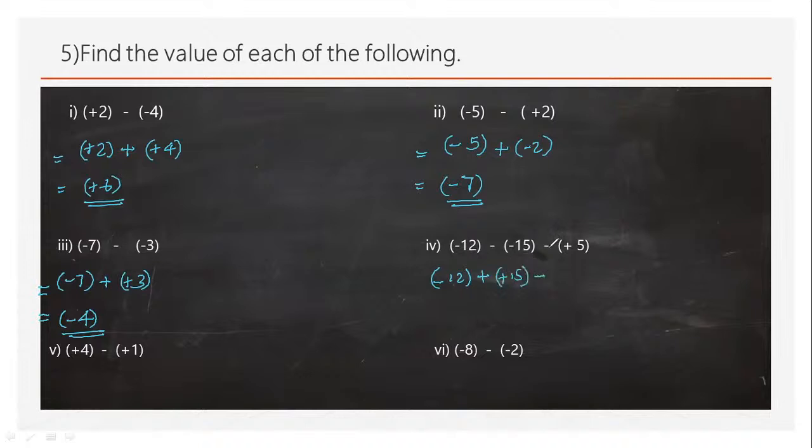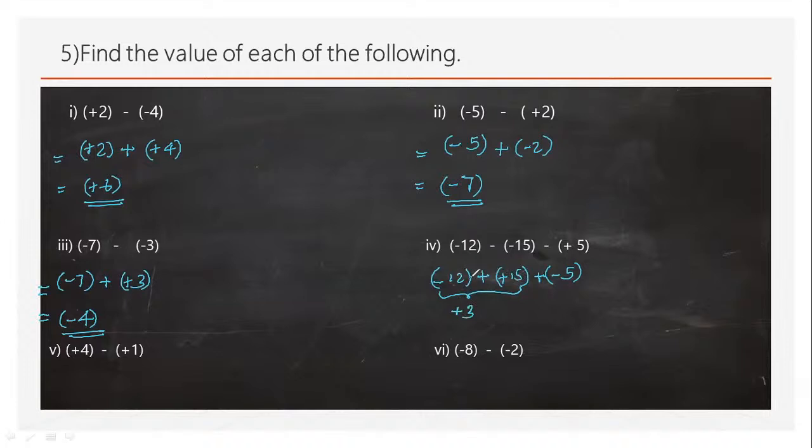Instead of minus, I will write positive. Instead of positive 5, I can write the additive inverse minus 5. Now first I will simplify these two: minus 12 plus 15. Then plus 3.